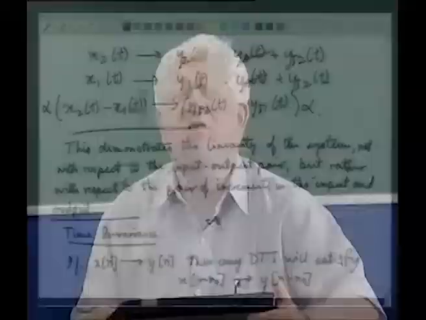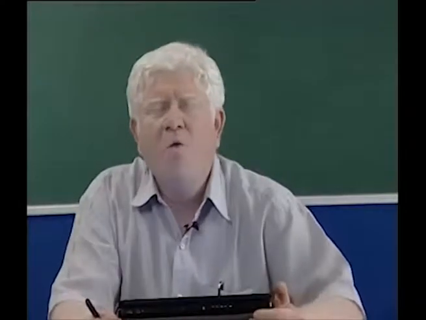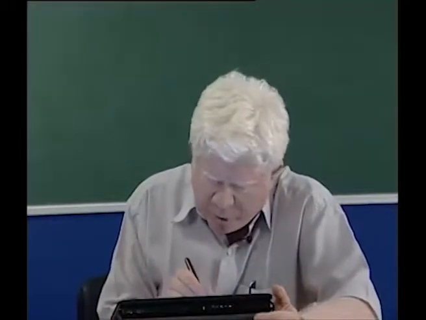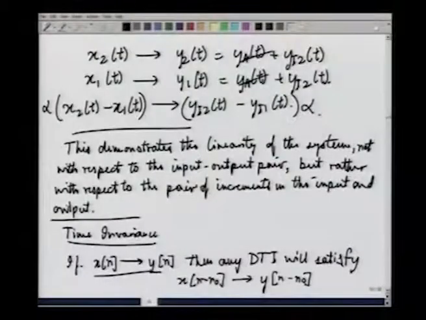So, this is the property we are looking for. We are essentially going to ask the question, what should we ensure in order that a system which yields this input output pair also yields this input output pair for all values of n naught.